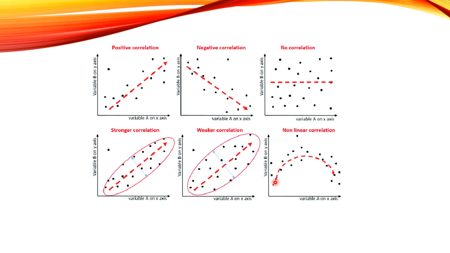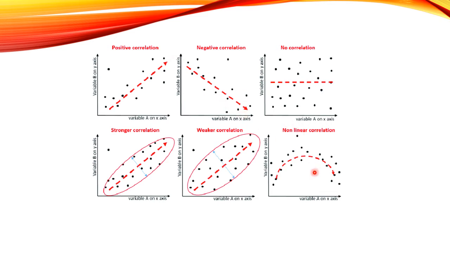If we can see any curvy pattern, in this way or in that way, likewise if there is any curvy pattern, we can say it's a non-linear correlation. That's why I stated very early about the linear concept. Here we are considering only linear things.